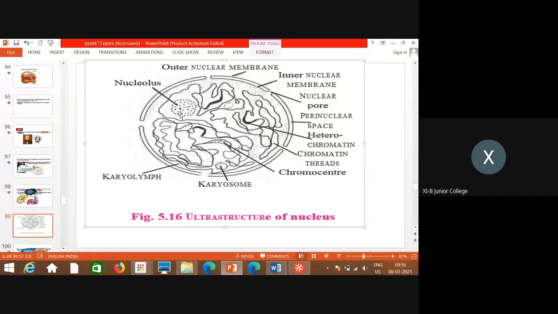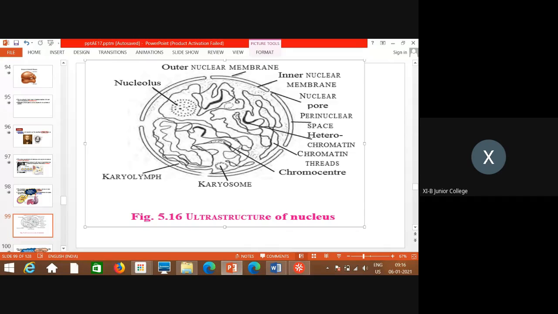Then one more thing you need to remember about the chromatin material. If the amount of DNA is more than the protein, then when it is stained, it gives a dark color, that is, it is darkly stained, and that is called euchromatin.